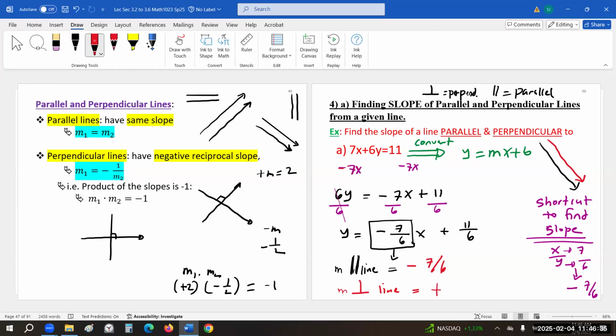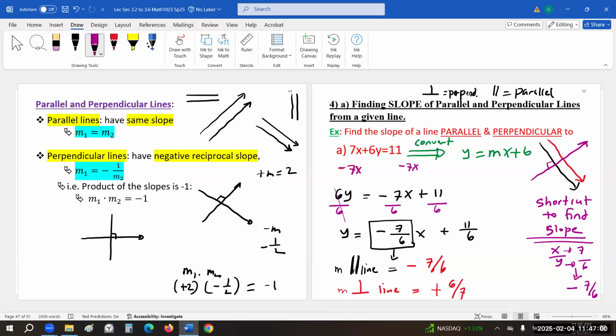And if you flip 7 over 6, it becomes what? 6 over 7. So the perpendicular line will be an increasing line, so that the intersection meets with a 90-degree angle.